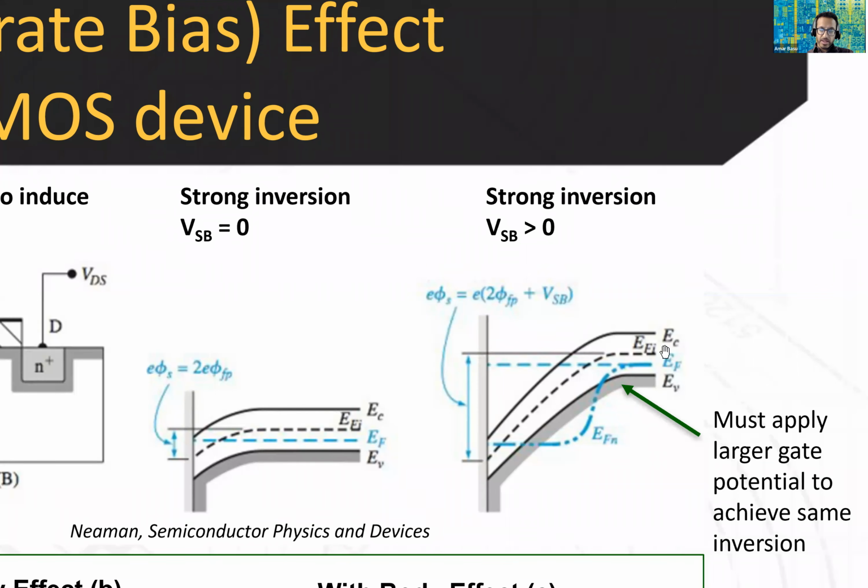So the Fermi level in that region is going to be higher. Instead of a nice flat Fermi level, you have a Fermi level where the body is at a higher Fermi level than the channel region. This difference means that you have to apply a larger potential in order to get the same amount of inversion.